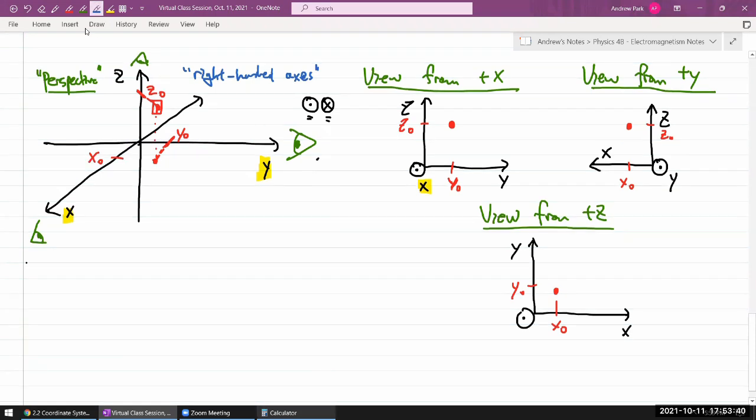So for your polar representation, you'd say, okay, I have this distance to the projection of the point onto my XY plane. You could use the letter R for that distance. Sometimes people use a different letter to say that it's not really the distance to the actual point. You are just reaching out to the projection onto the XY plane.